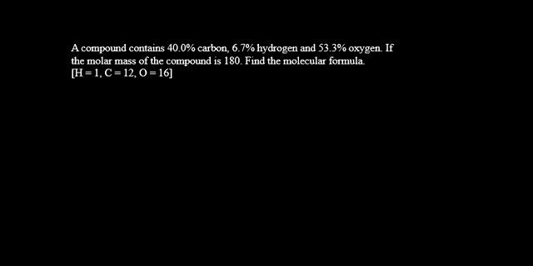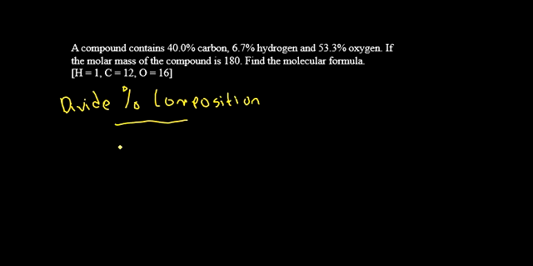The first thing to do when solving questions like this is to divide the percentage composition by the molar mass of each atom. That is the first thing to do.